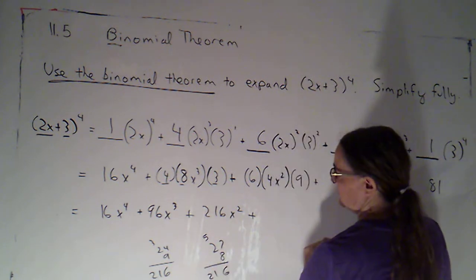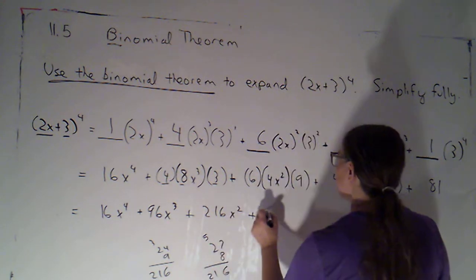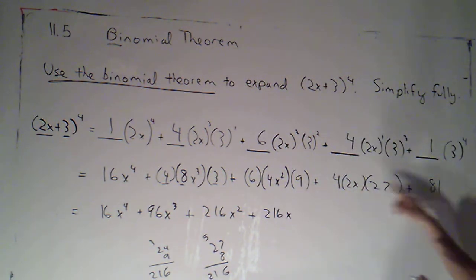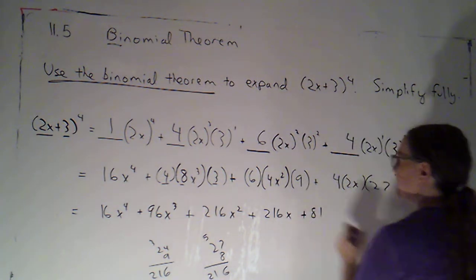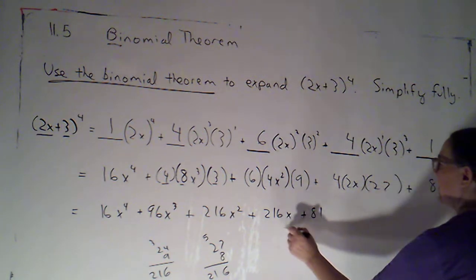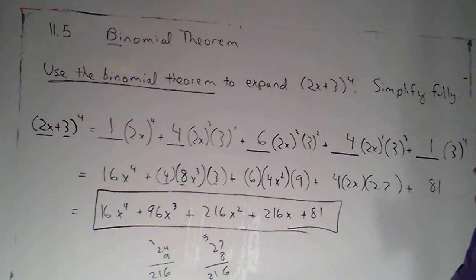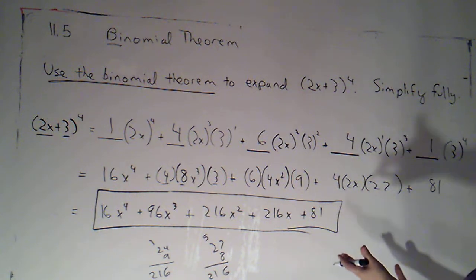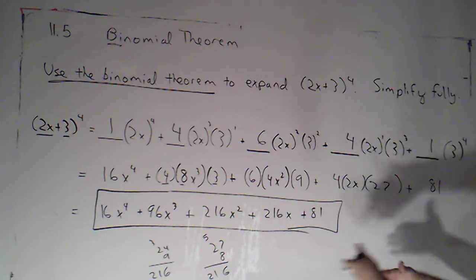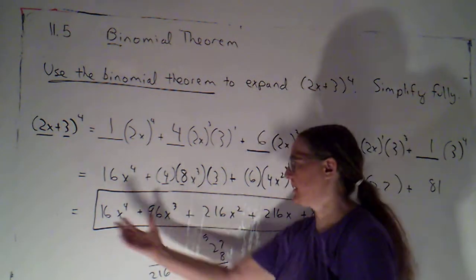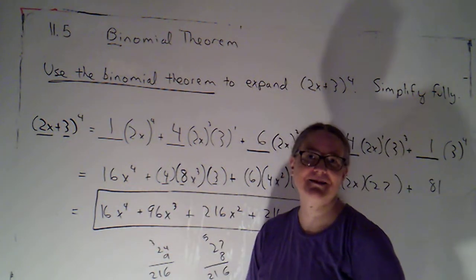Oh, that's interesting. That's also going to be 216, but now that's copies of x, plus 81. All right. So that gives me (2x + 3)^4 expanded. So I've expanded it and I've simplified each thing, so I've got just a number times a power of x.